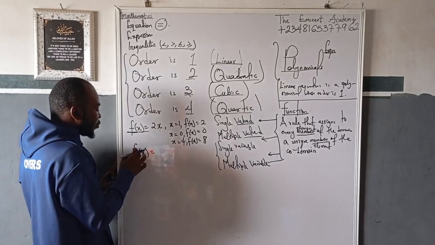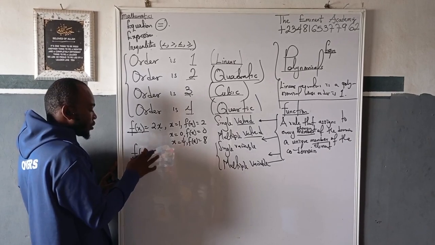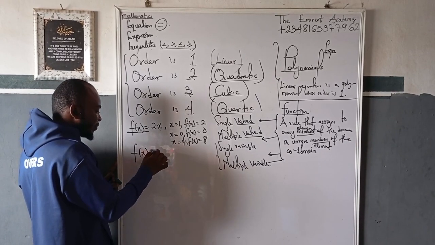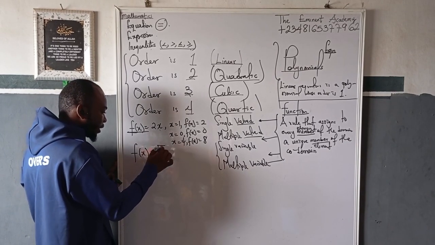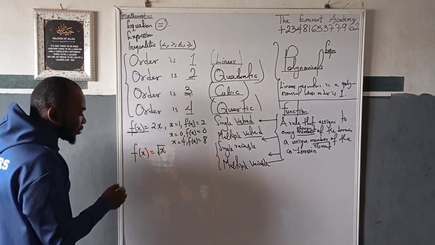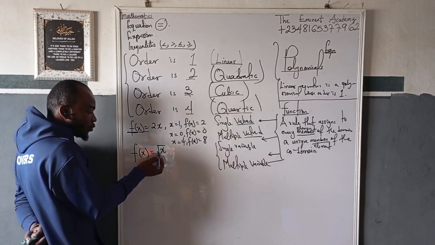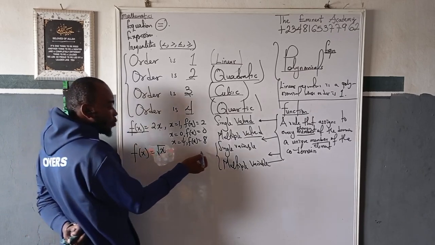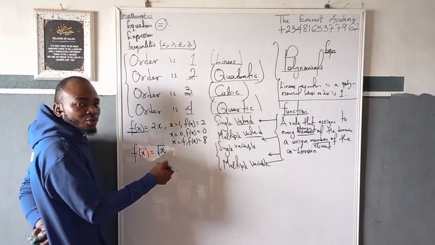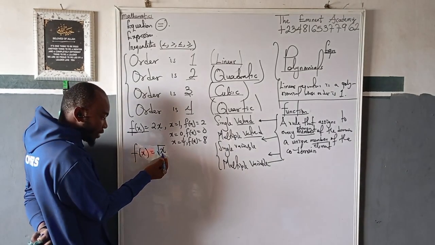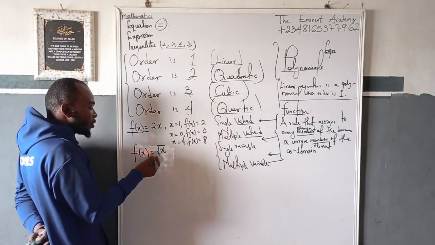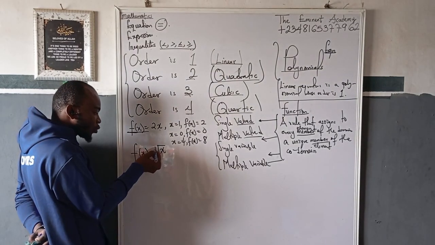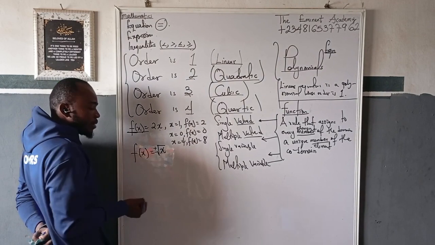So anytime we have a function, let's say f of x equals root x. By definition, the square root of a number is the number that will be multiplied by itself twice to give the argument of that function, x here. So a square root always assumes two values, plus or minus.